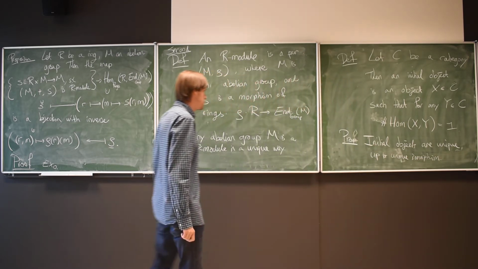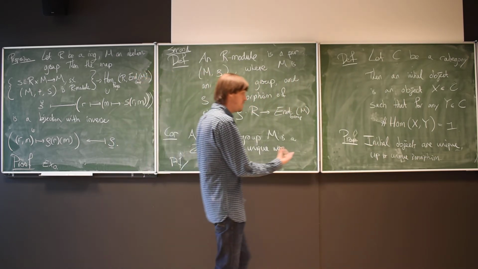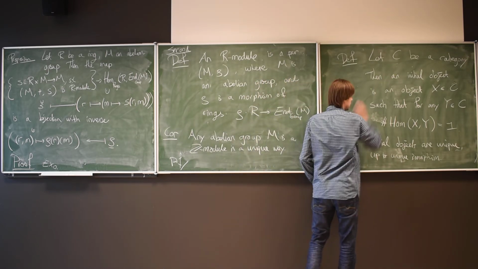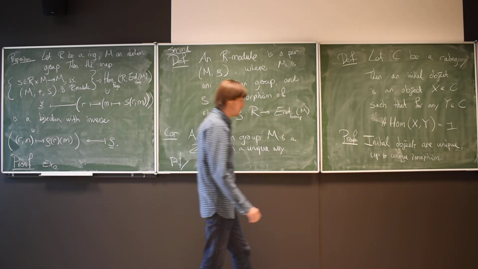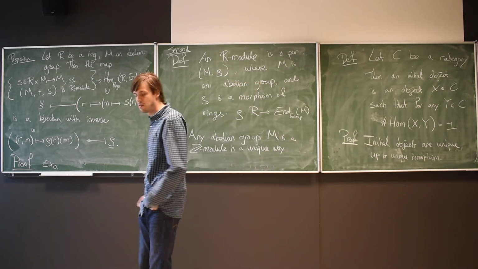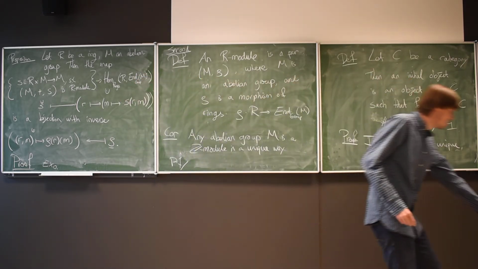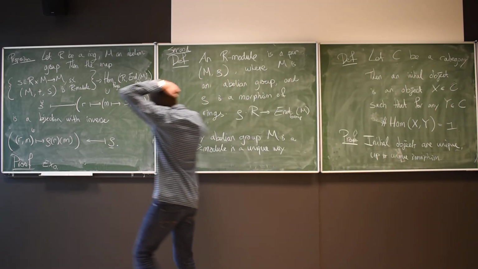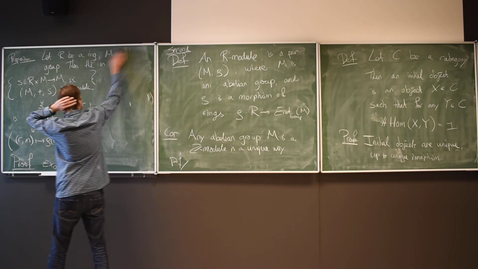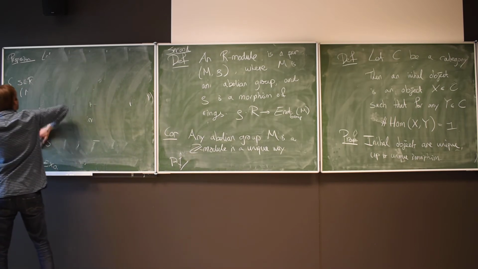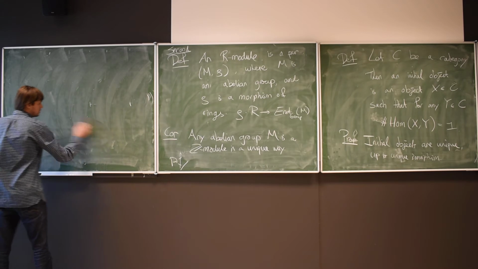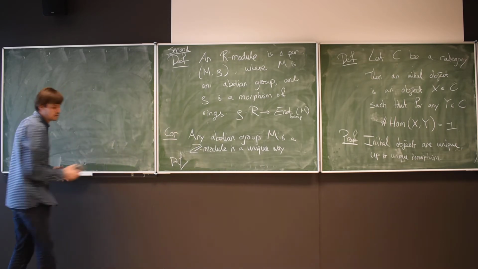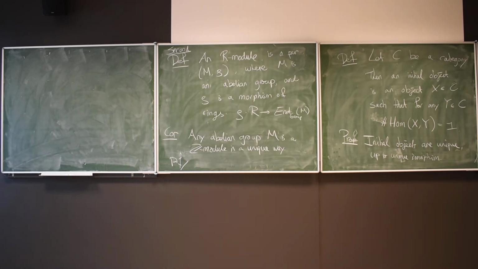So these initial objects, you may or you may not have them in a given category. So in the category of rings, it is Z. So maybe write this down. So, example.